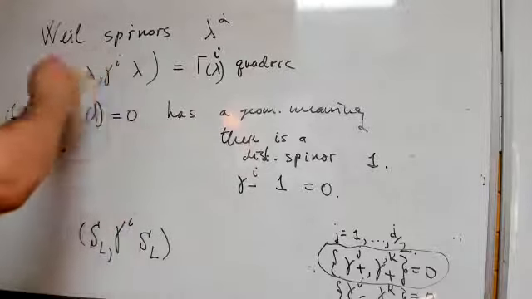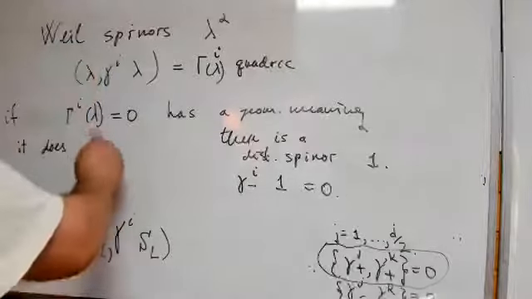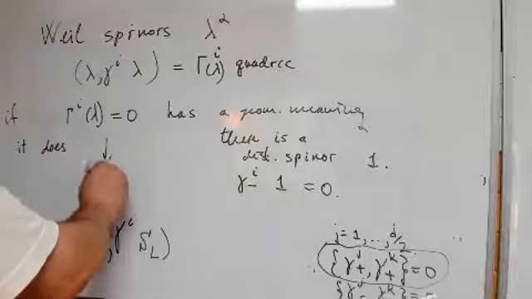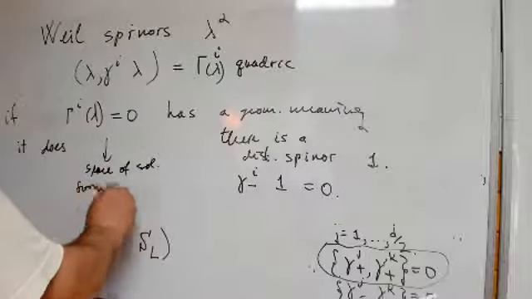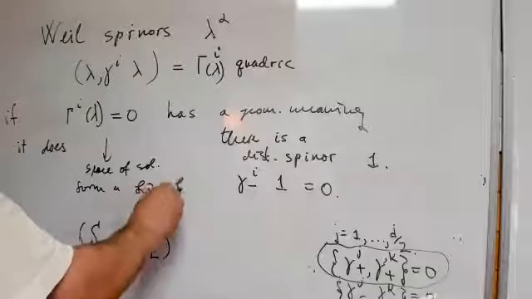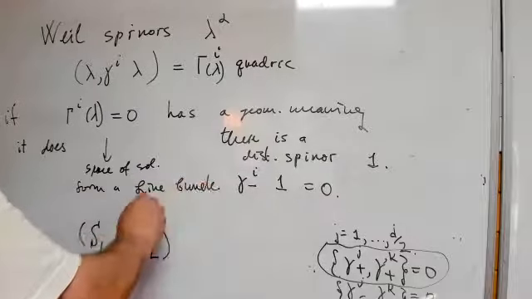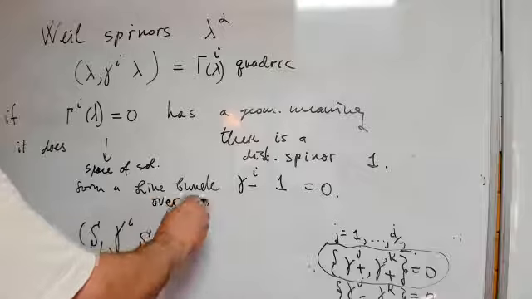Actually, in this case, the space of solutions of this equation form a line bundle, of course, over polarizations.